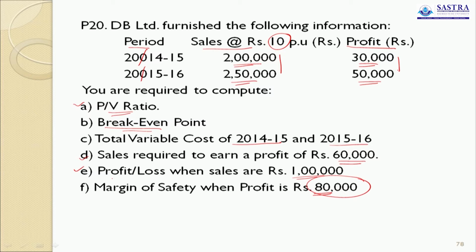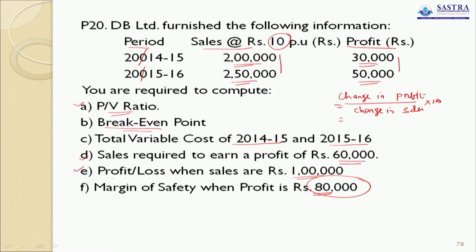So we have to choose the formula: change in profit divided by change in sales into 100. Now we will get PV ratio.